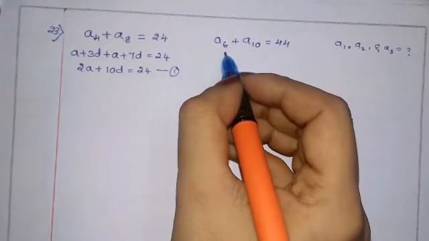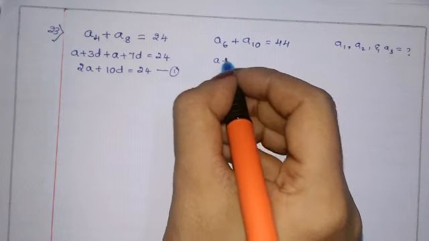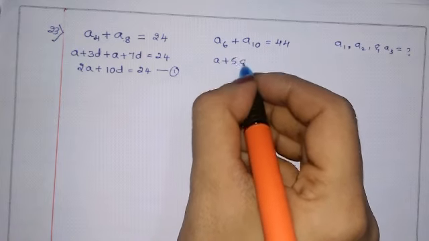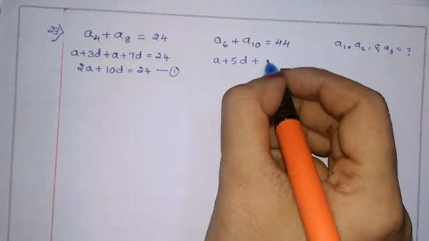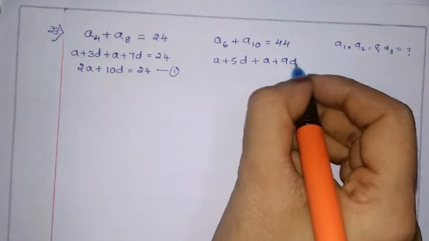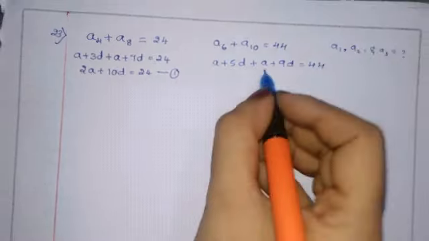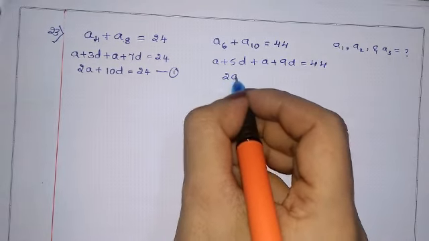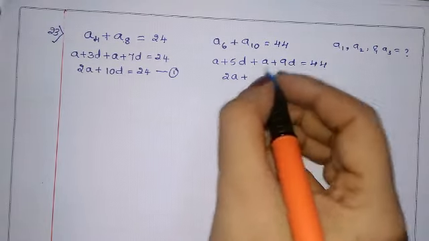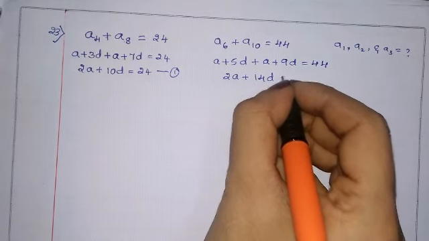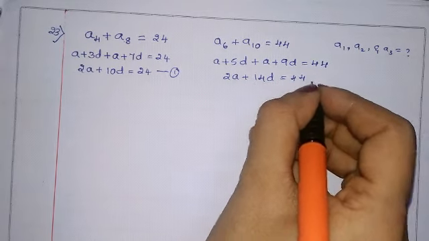Now the same thing we have to do on this side. A6 is nothing but A plus 5D, plus A10, which is nothing but A plus 9D, is equal to 44. A plus A is 2A, plus 9 plus 5 is 14D, equal to 44.